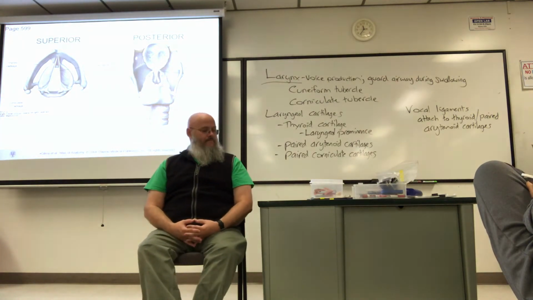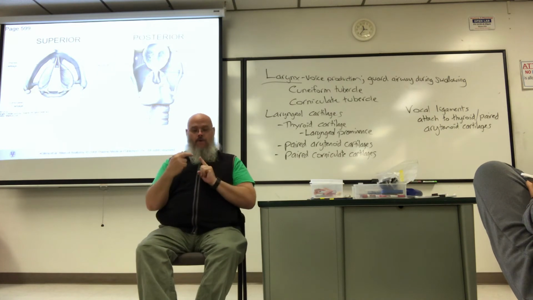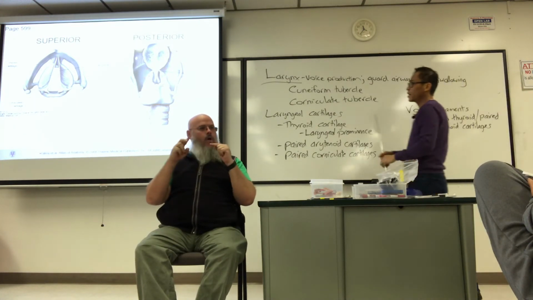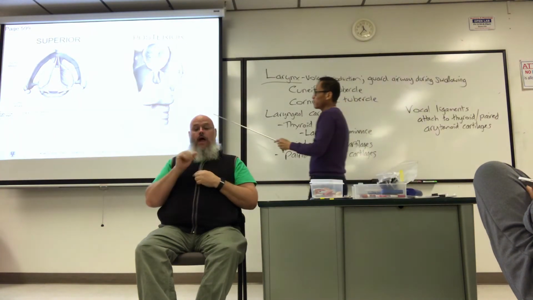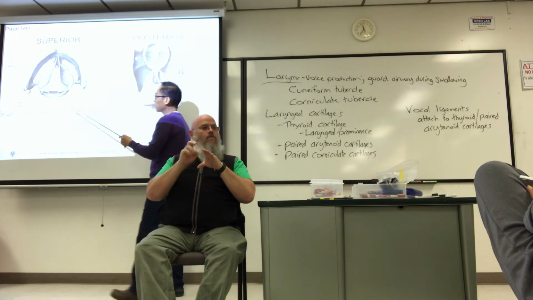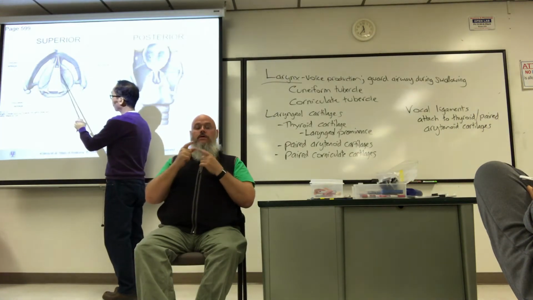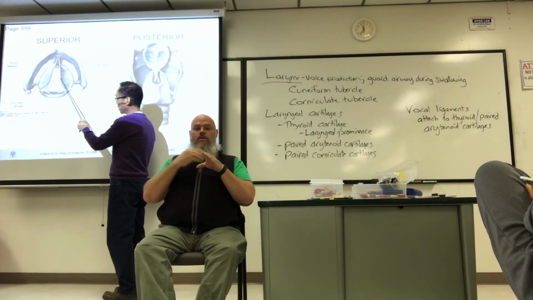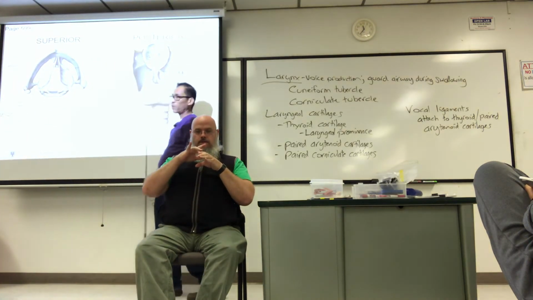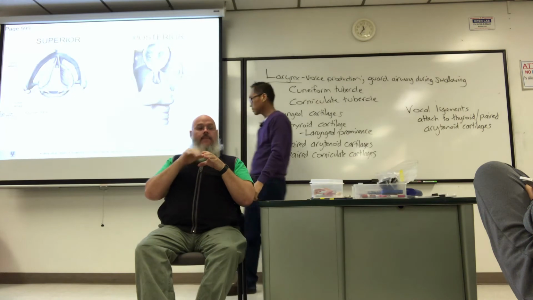And so on the posterior view, they have those little arrows indicating that the cartilages move. The arytenoids can pivot back and forth to move the vocal cords. And what happens is, when you take a breath in, the vocal cords are abducted, they're separated. And the space between the vocal cords or vocal ligaments is called the glottis.